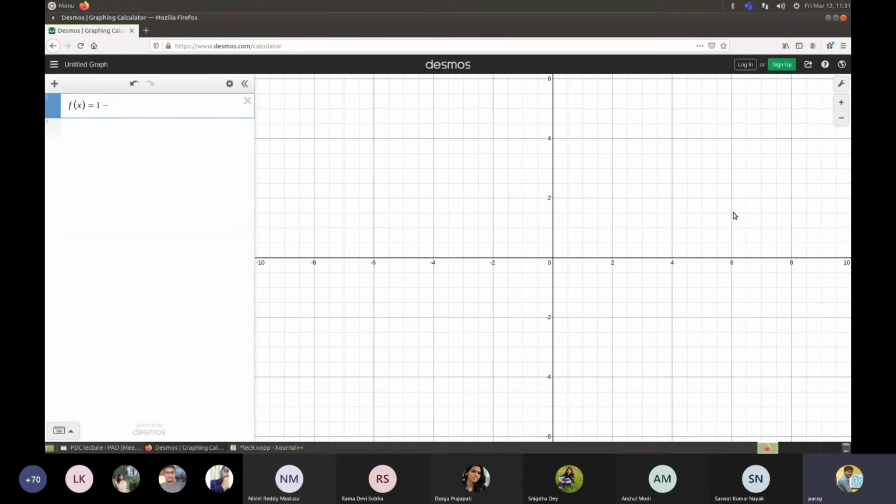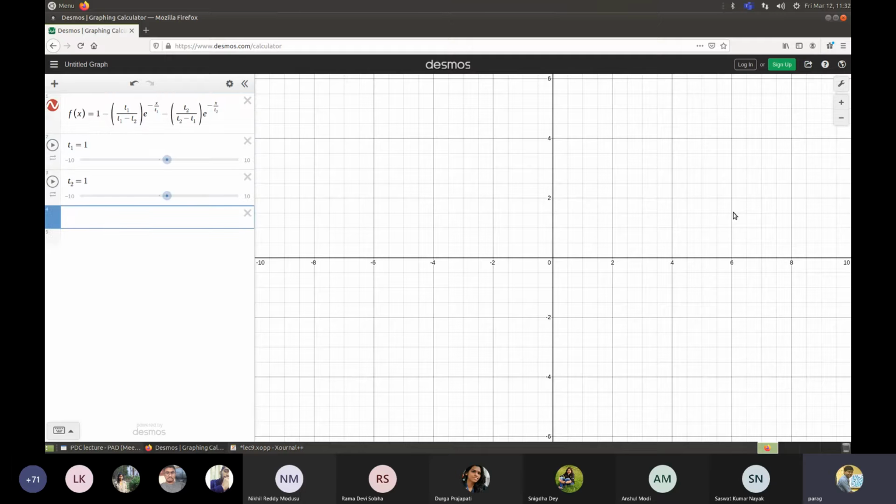So 1 minus t1 upon t1 minus t2 times e to the power minus x by t1, minus t2 divided by t2 minus t1 times e to the power minus x by t2. Okay.